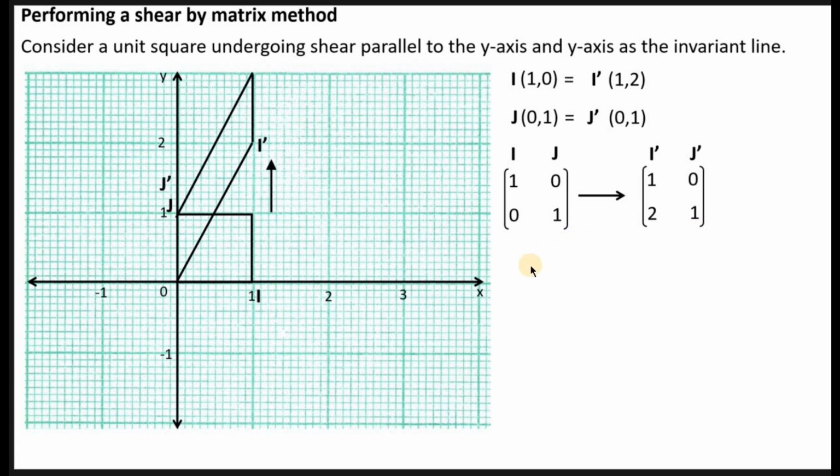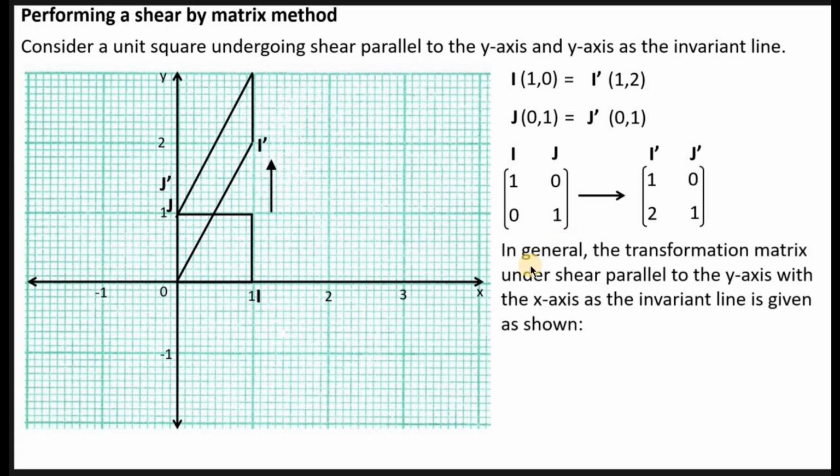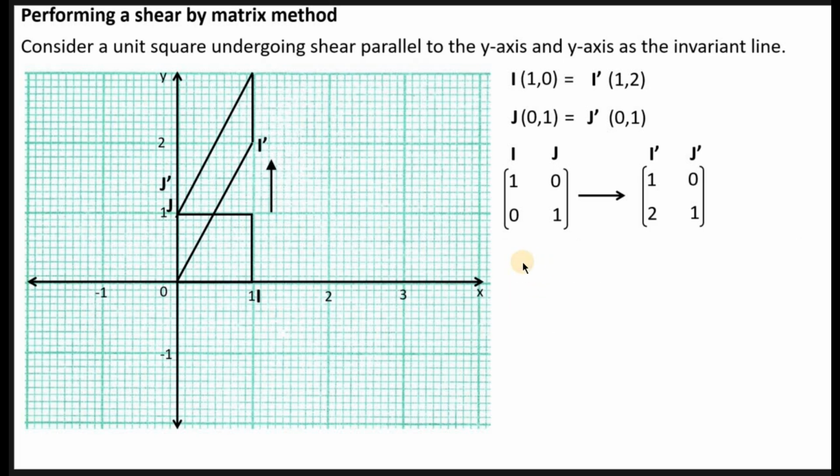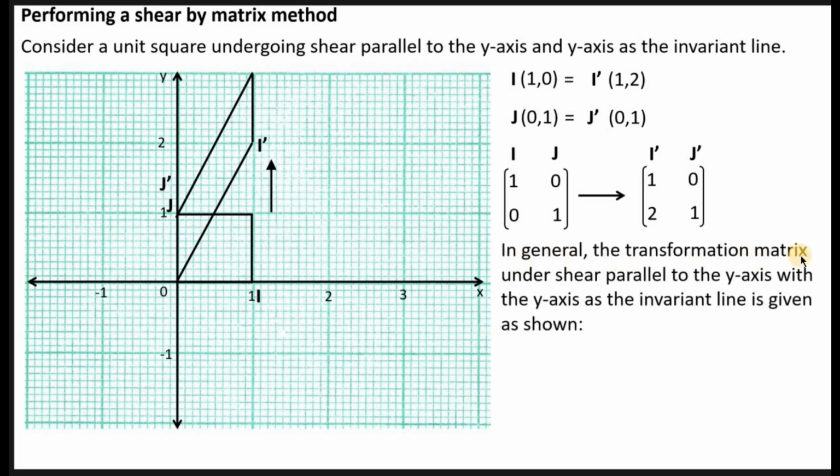So we are going to say again, in general, I'm going to correct again. In general, the transformation matrix under shear parallel to the y-axis with the y-axis as the invariant line is given as shown. So this can now change into 1, k, 0, 1, like that.